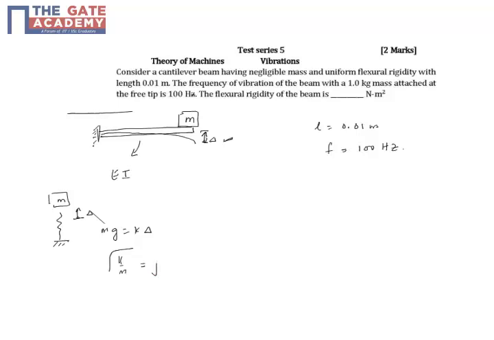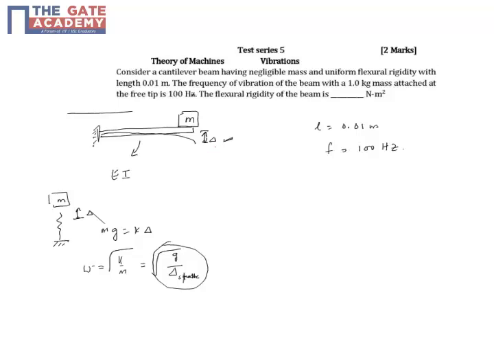And root k by m is nothing but root g by delta, where delta is static deflection. So if you can convert your problem into a spring-mass system, then one way of finding natural frequency is, if you know the static deflection, root over g by static deflection.